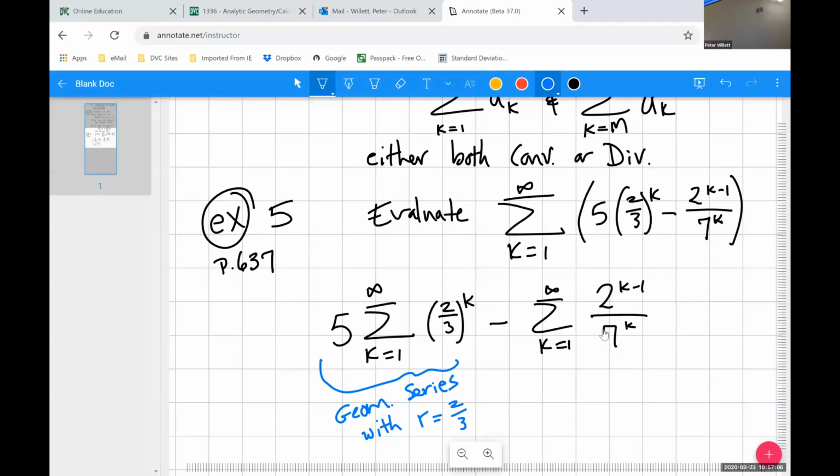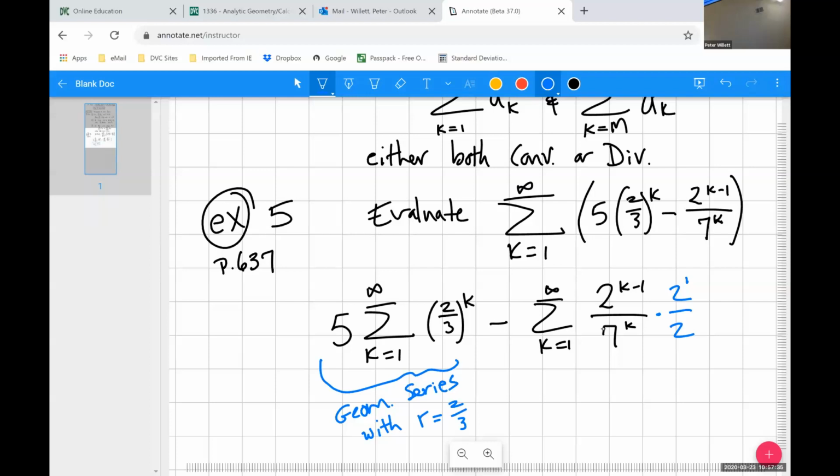So I could, for example, take this and multiply it by 2/2, because that's multiplying by 1. So it's not going to change the value of my expression. And so this 2 in the top is going to cause 2 to the first times 2 to the k minus 1, when combined, to just be 2 to the k.